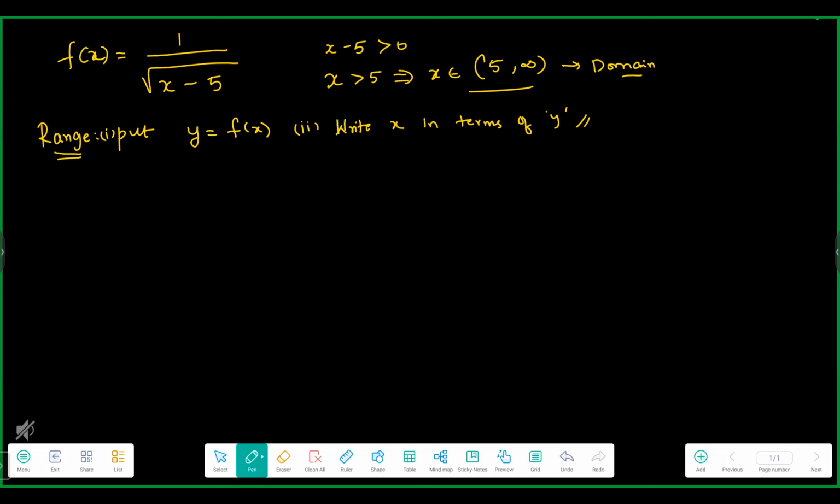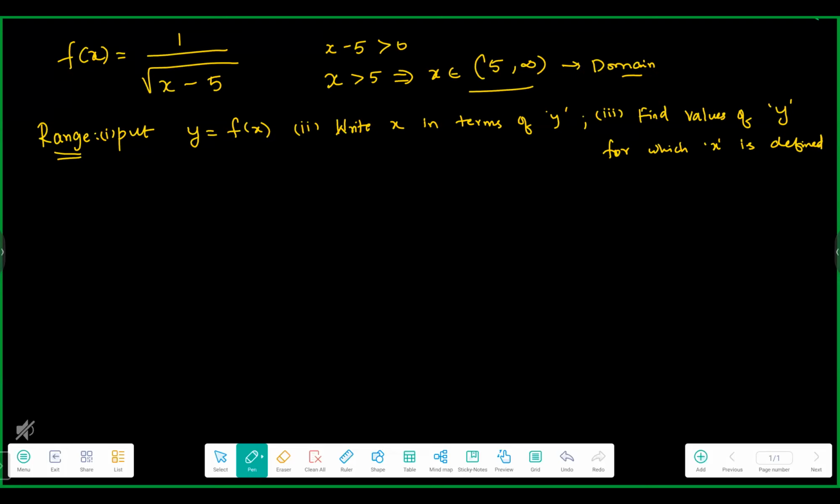And the third step is find values of y for which x is defined. So these are the 3 steps. Apart from this, you need not do anything.